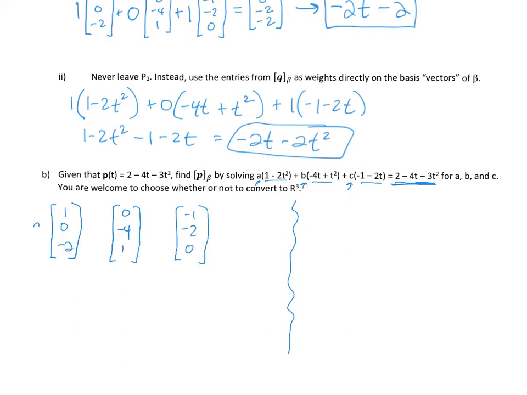And I'm saying what weights should I put on these to build the vector that corresponds to p of t, which would be 2, negative 4, negative 3. So the way I solve this using linear algebra tools is an augmented matrix.